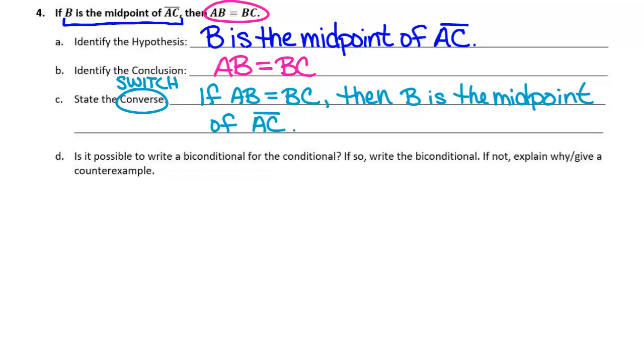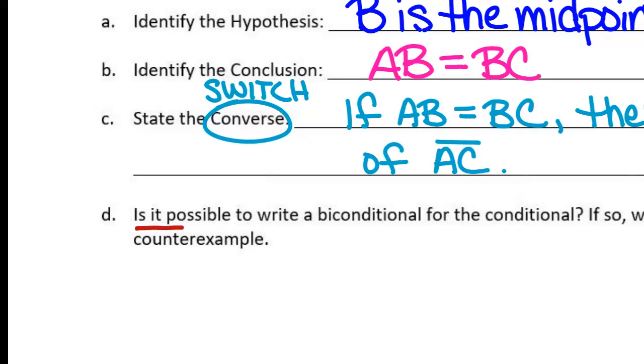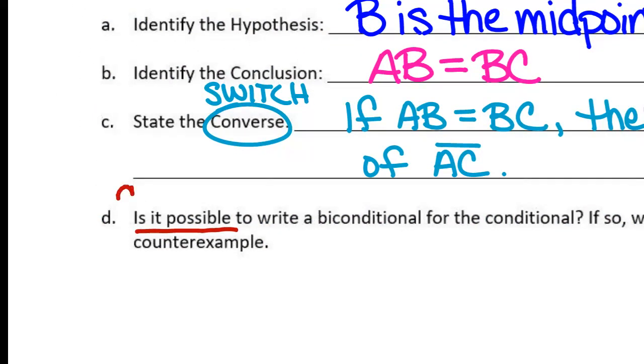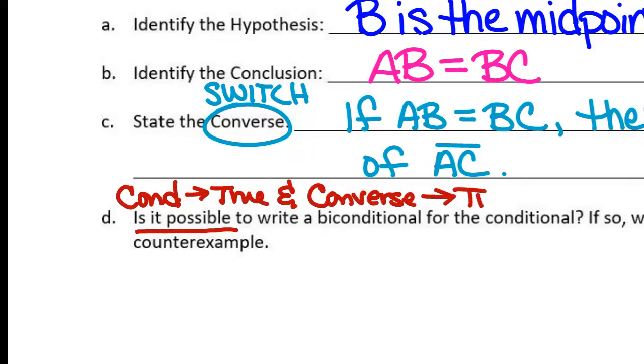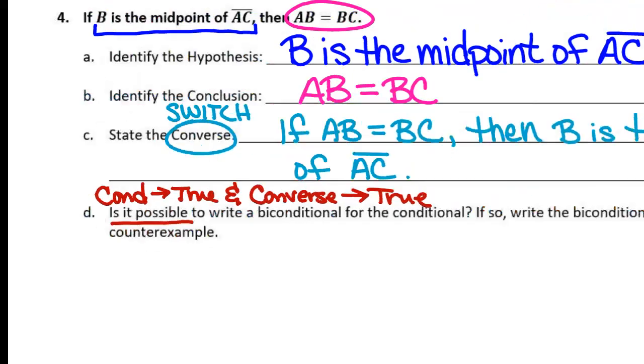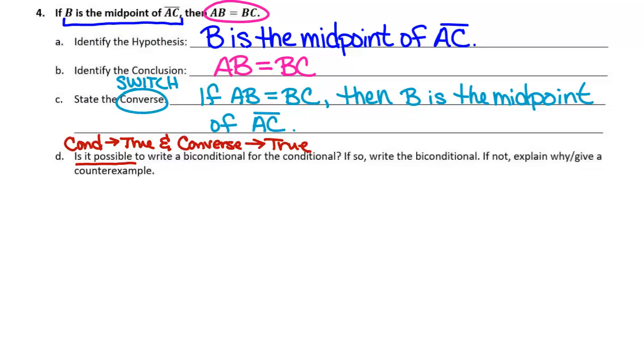How do I know whether or not it's possible to write a biconditional? Both have to be true. So we need the conditional statement to be true, and we need the converse to be true. Let's look first at our original conditional statement.